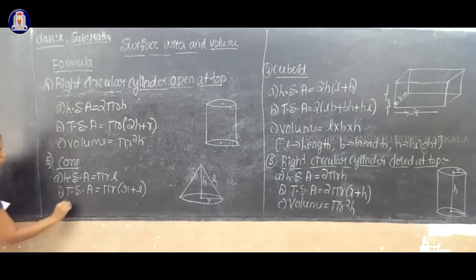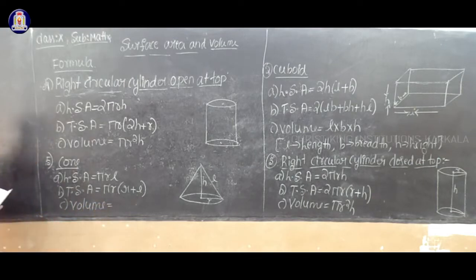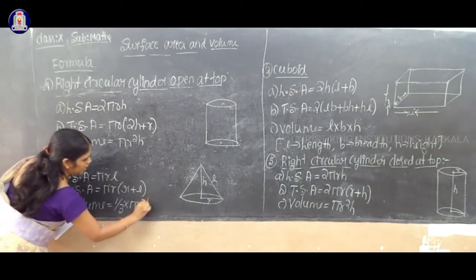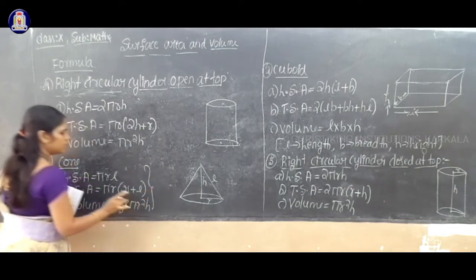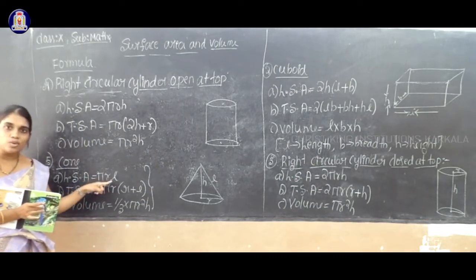Next, the volume of a cone is given by 1 by 3 into pi r square h. But how to calculate the value of L here?